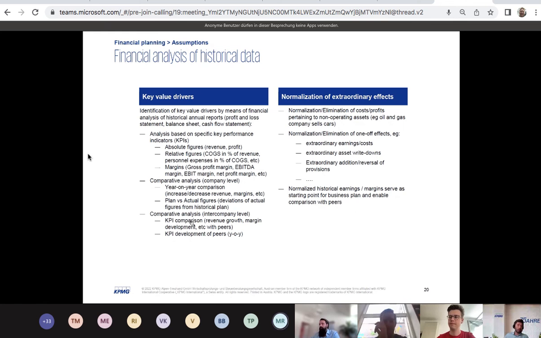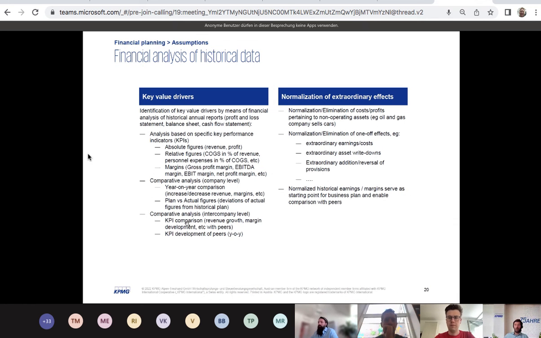You could also do it for revenue growth. So it's really up to you to identify the key value drivers, and then do these benchmarking analyses.